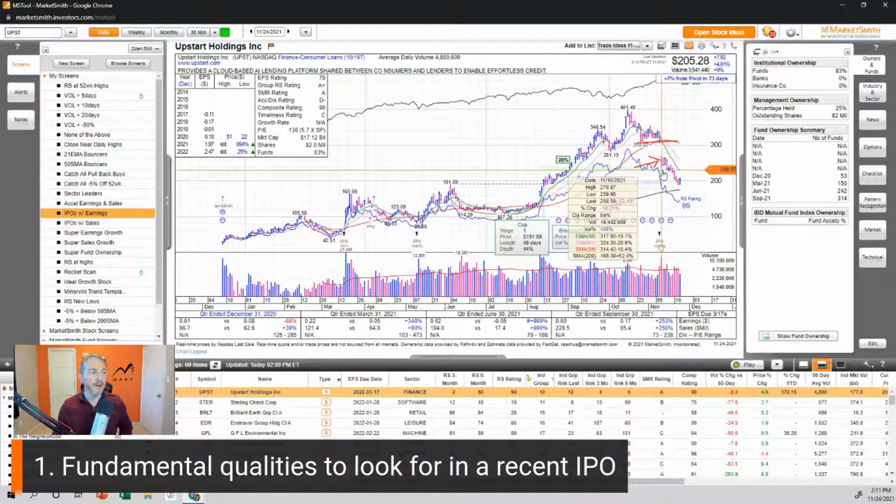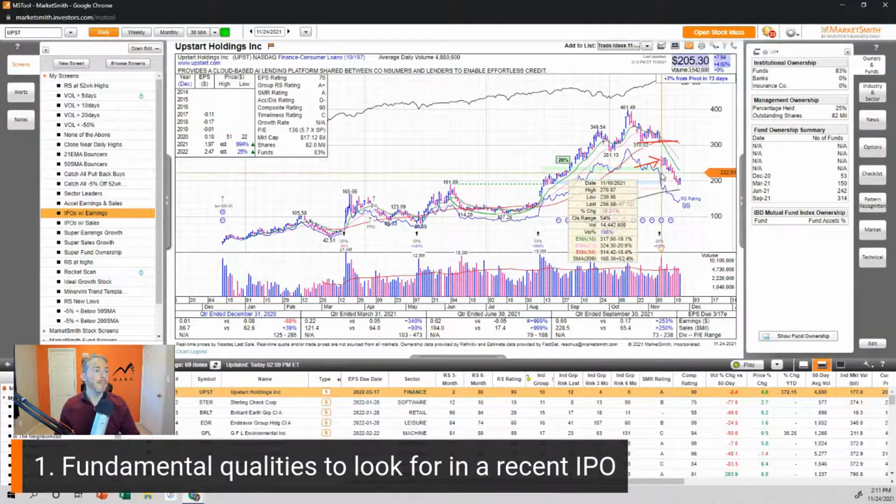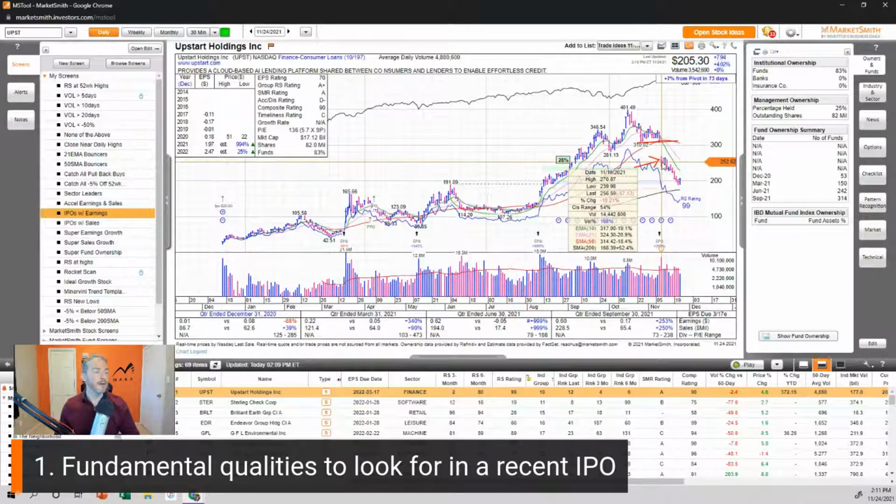So instead of selling down here at the low at 239, the low of that pre-market was maybe 235, if memory serves me correctly, I was able to get out pretty close to where it had closed, like around 250 or so, somewhere in that ballpark right there. And you can see what happened after that.